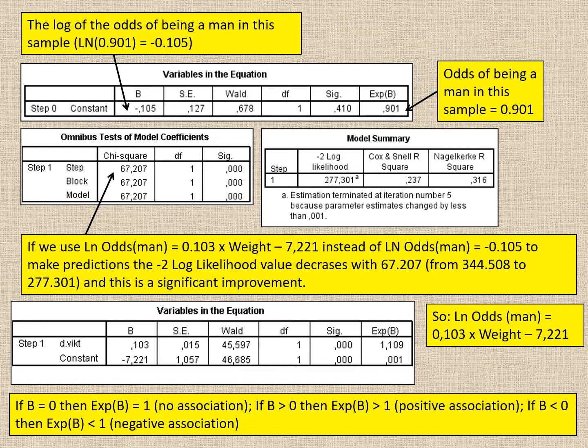A model with 1 extra parameter, but where the minus 2 log likelihood decreases by 67.2, is significantly better at predicting values on the dependent variable. So our model with weight as predictor is significantly better at predicting the odds of being a man compared with the null model. So it indicates it's worth sacrificing that 1 degree of freedom. The model's minus 2 log likelihood value becomes significantly lower.